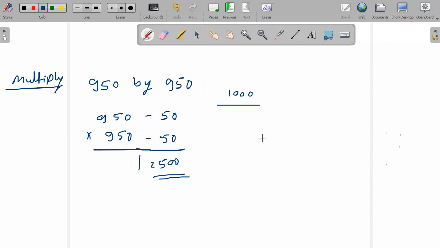What is the second step of the procedure? See how many? 950 minus 50. Wait. How many digits are there in the base? 3 zeros are there, right? So how many digits should be there at right hand side? 3 digits should be there. Okay. So instead of writing 2500 here, what I need to do? I need to write 500 and carry will be 2.